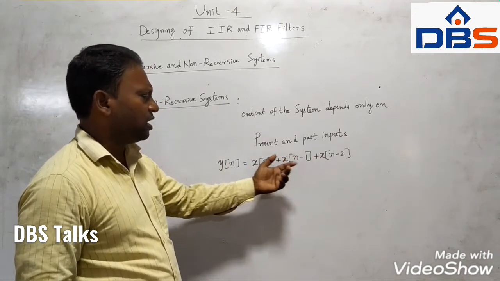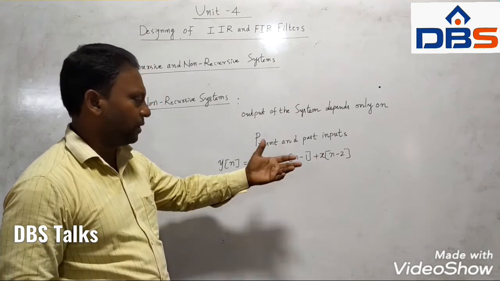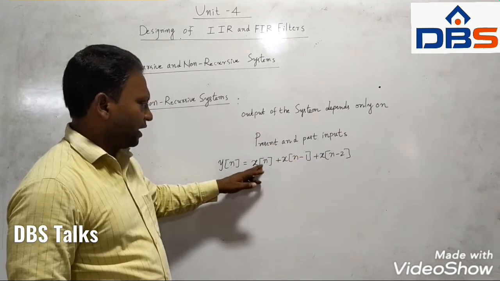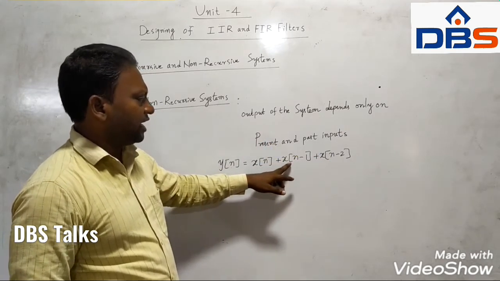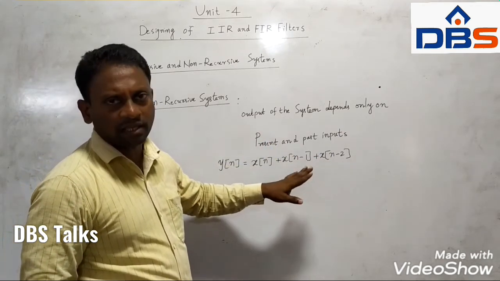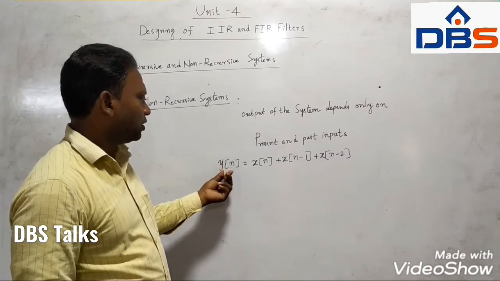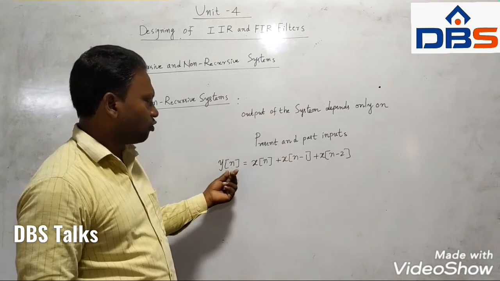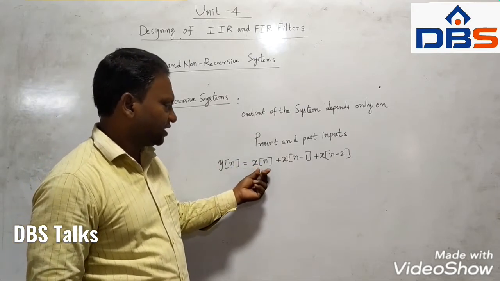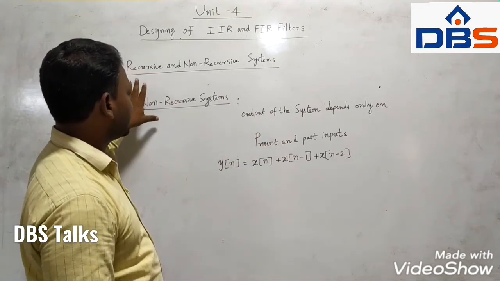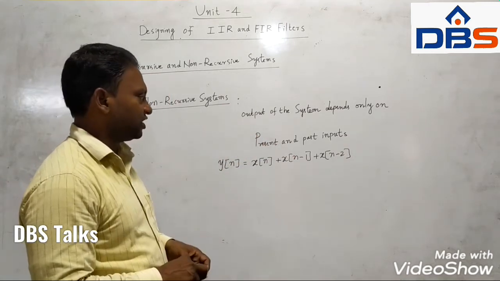Delayed means past, already happened. So y of n is the present output and x of n is the present input, and x of n minus 1, x of n minus 2 are the past inputs. Therefore, if the present output depends only on the present input and past inputs, then that type of filters or systems are called non-recursive systems.